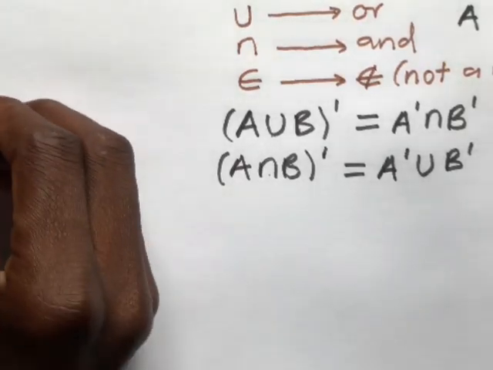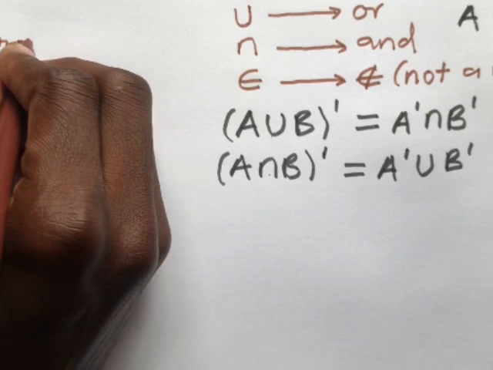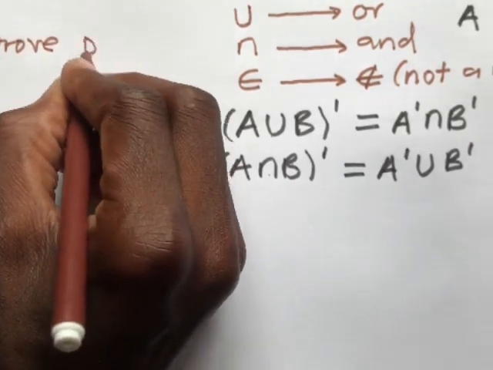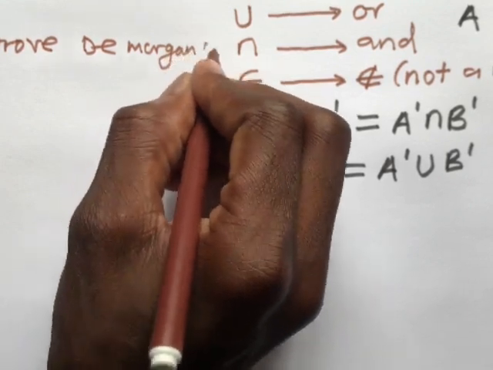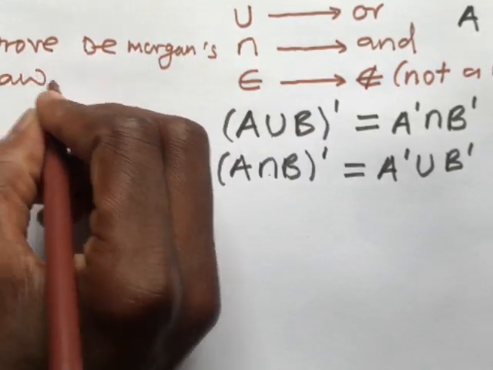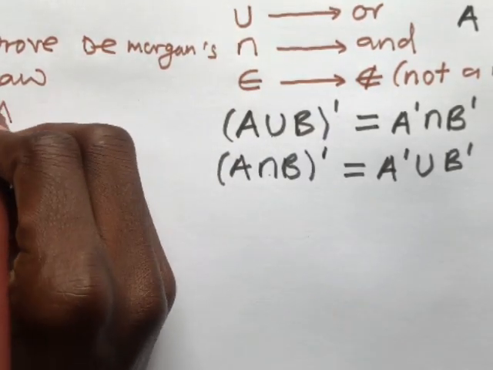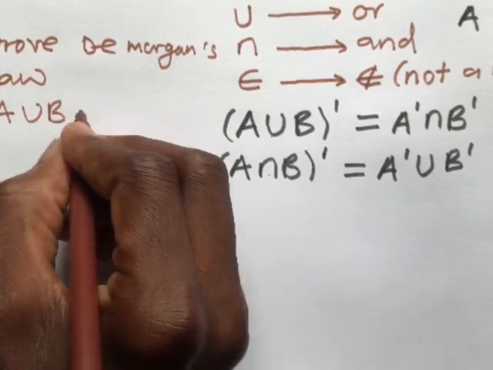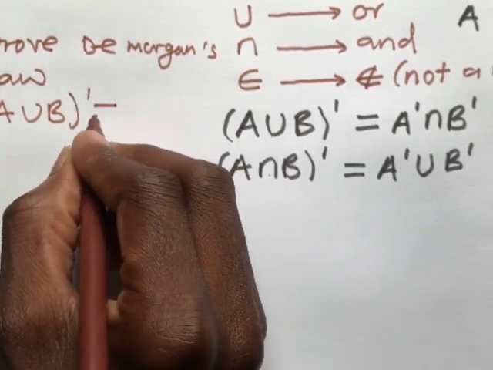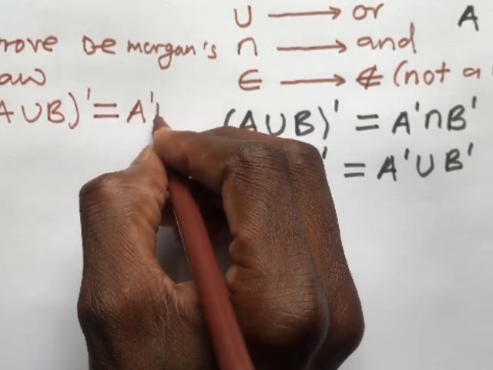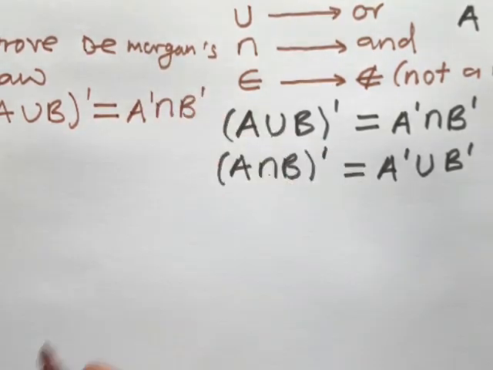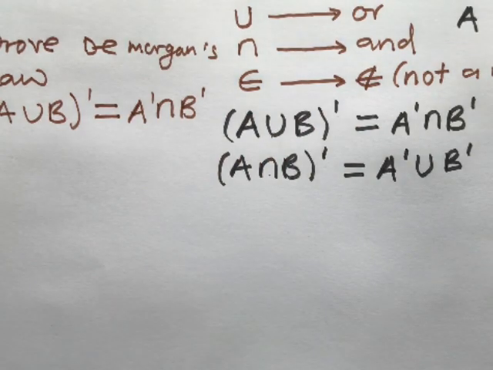If an example has come like this, they are saying prove De Morgan's law, then they write A union B complement, which is equal to A complement intersection B complement, 5 marks. What are you supposed to do to understand this question?